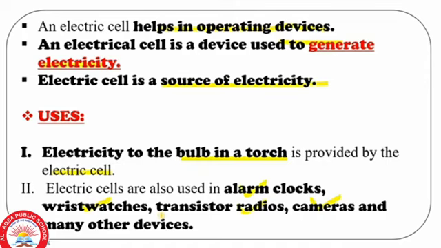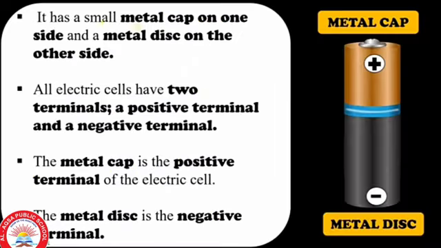Let us study this electric cell. This is an electric cell. It has a small metal cap on one side and a metal disc on the other side. These are the two terminals of an electric cell, that is, the positive terminal and the negative terminal.